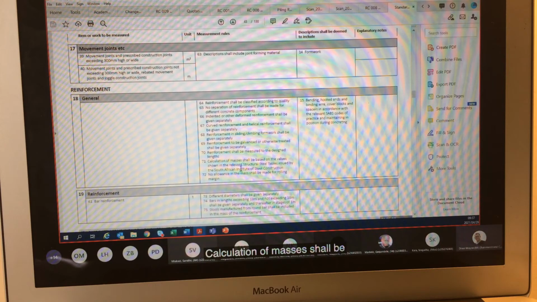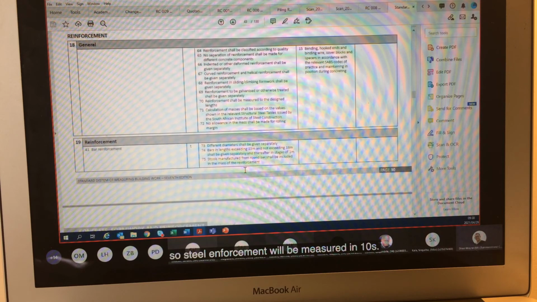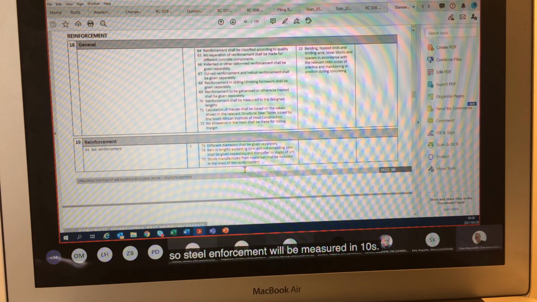Calculation of masses shall be based on the values shown in the relevant structural steel tables issued by the South African Institute of Steel Construction. And no allowance in the mass shall be made for rolling margin. So what this means is that we will be measuring this steel reinforcement separately. So the steel reinforcement will be measured in tons.